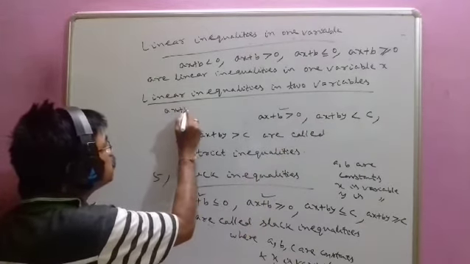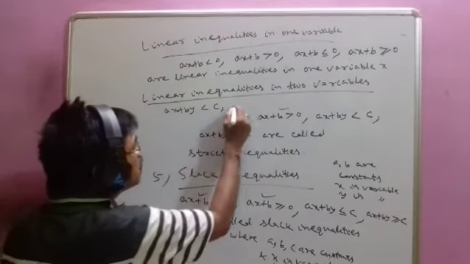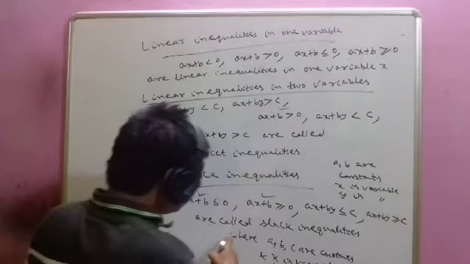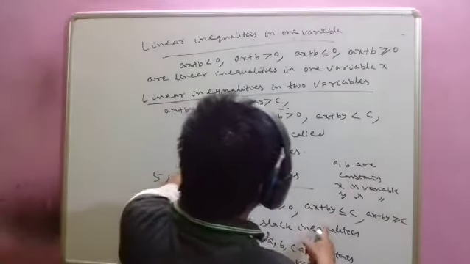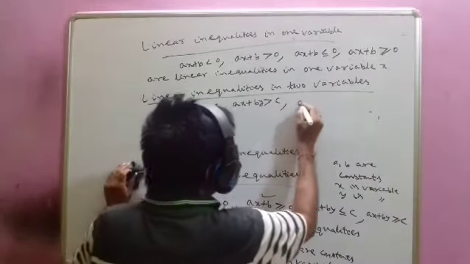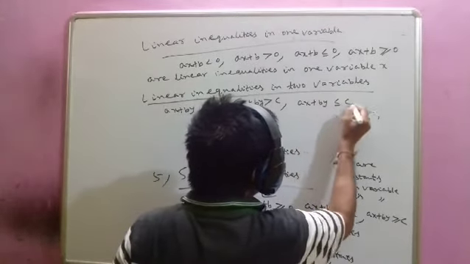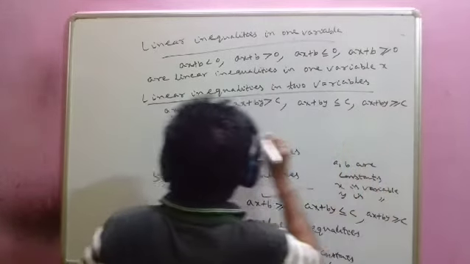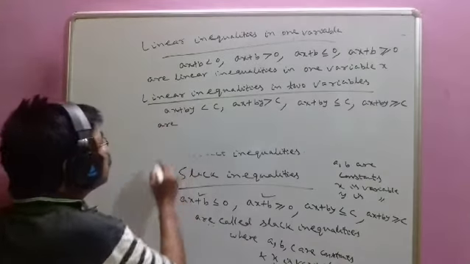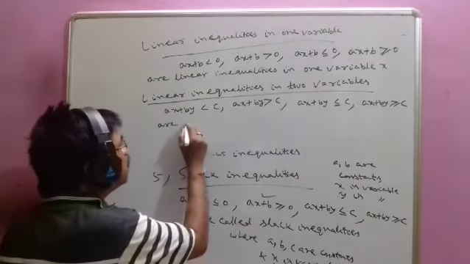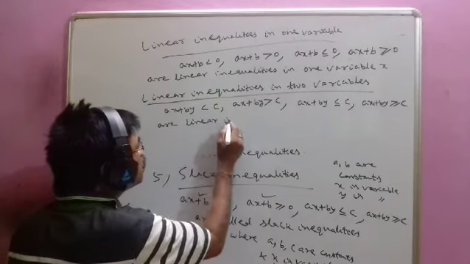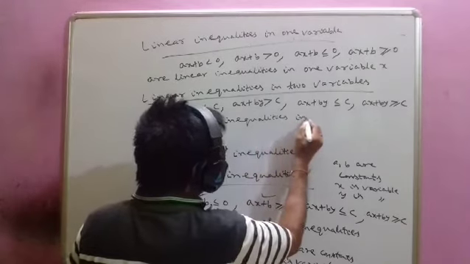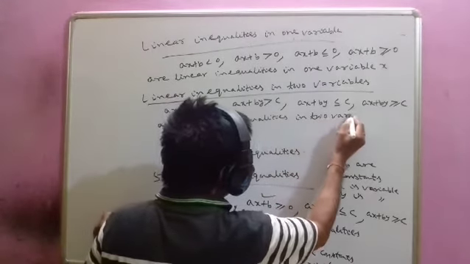So you can say x plus by less than c, x plus by greater than c, and x plus by less than or equal to c, x plus by greater than or equal to c. So these all are linear inequalities in two variables.